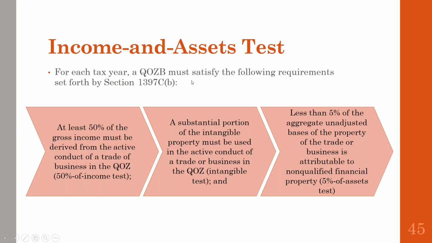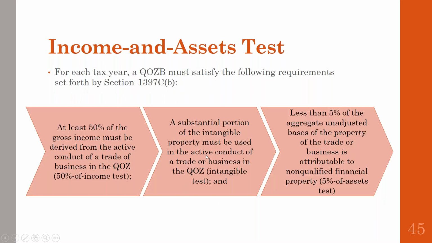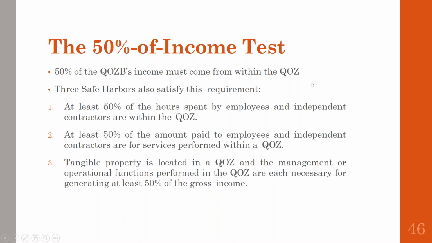All right. For each tax year, the QOZB has to satisfy requirements. Those are laid out here. In the interest of time, I'm just going to move past them for the moment. I do want to talk about one of the requirements, the 50% of the gross income. 50% of the QOZB's income has to come from within the QOZ. There are safe harbors to meet this requirement.